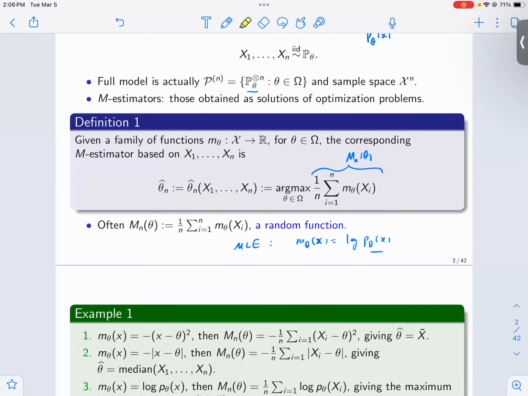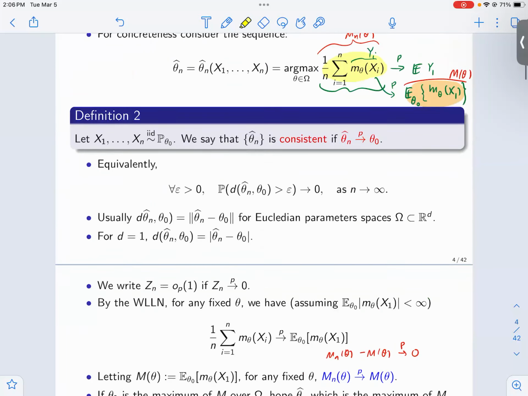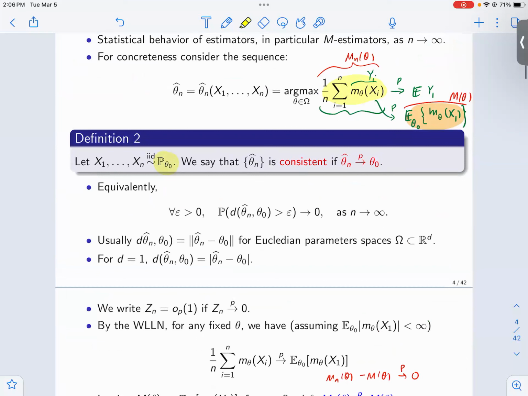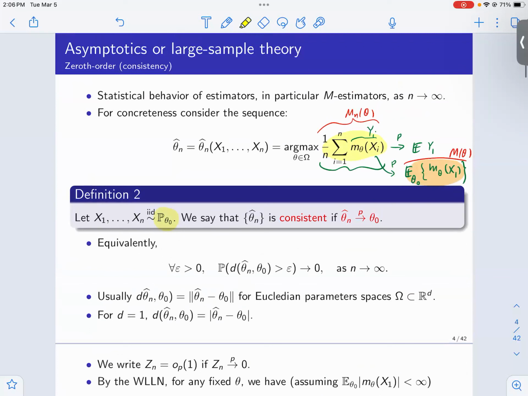In particular, the first question that we can ask is, if the data is generated from one of these distributions in the model, so for some theta naught in the parameter space, we're generating from P theta naught.